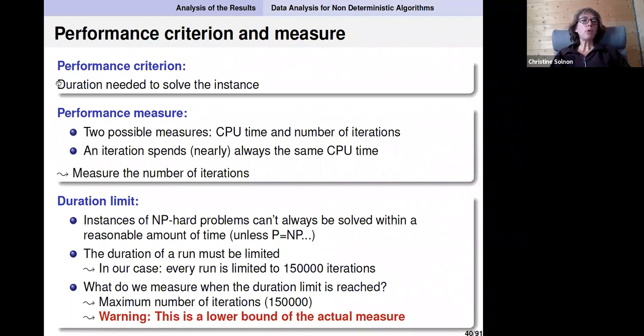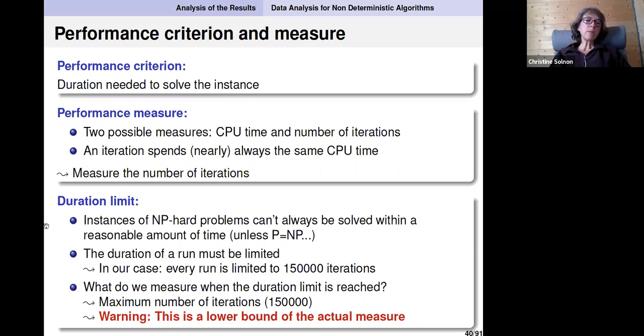I'm going to consider the duration needed to solve the instance. I have mainly 2 different performance measures to evaluate this duration. First, I can measure the CPU time. And second, I can measure the number of iterations of my algorithm. As an iteration nearly always spans the same CPU time, I am going to measure the number of iterations.